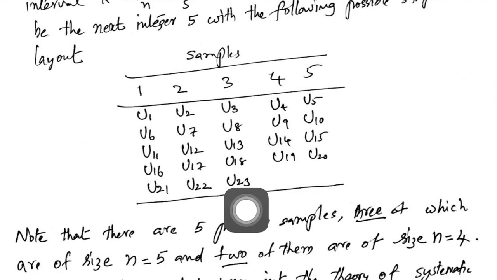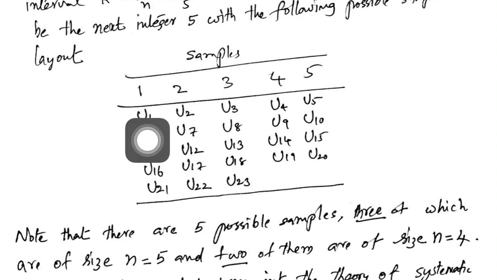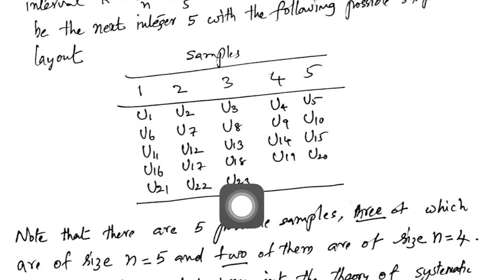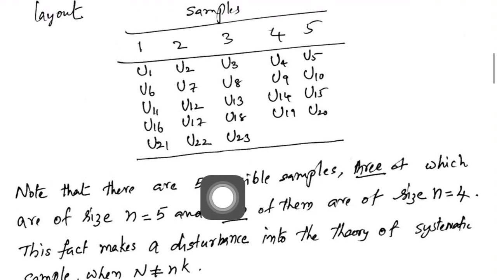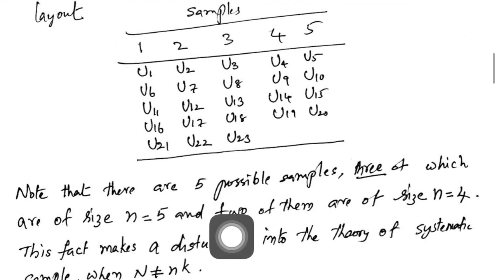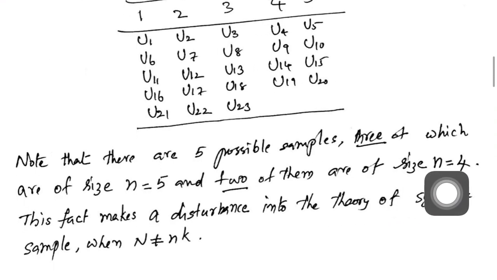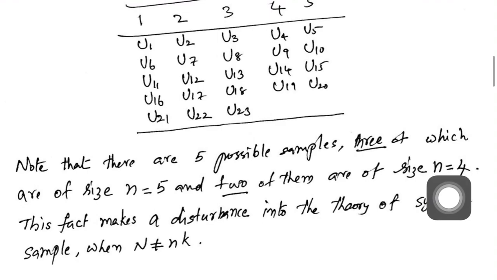How many possible systematic samples are there? 1, 2, 3, 4, 5. Definitely there are 5 possible samples, but a problem is there. Out of these 5 samples, for the first 3 samples we have a sample size equal to 5, but the remaining 2 samples have only 4 units, so the sample size is 4.